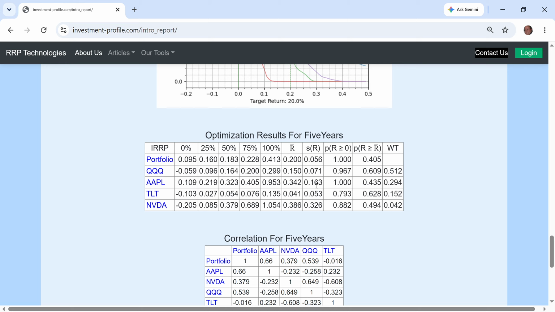Apple has a standard deviation of 0.16, and you see that the portfolio has a standard deviation of 0.05.